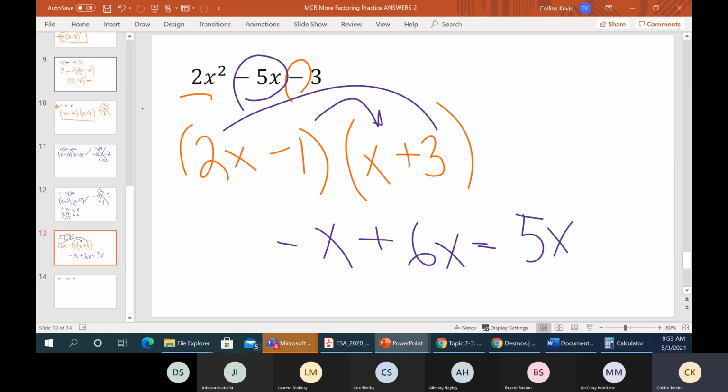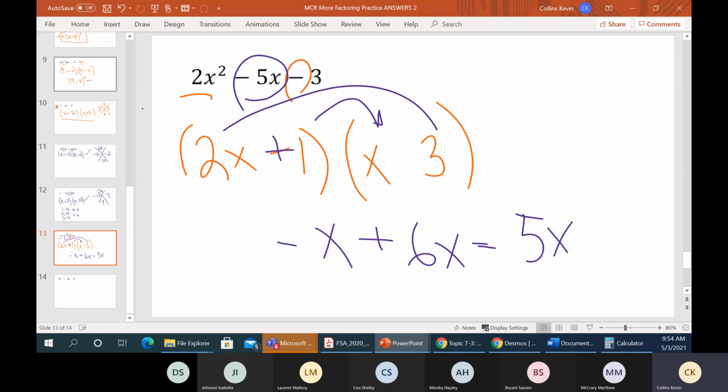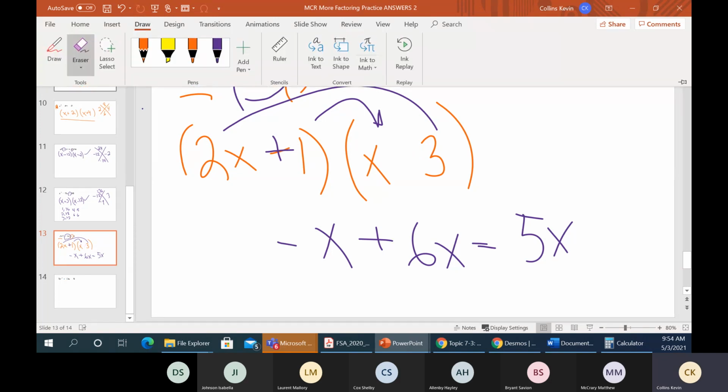So what do we need to do? Like I said, these are easy fixes. Yeah, so we just switch the signs, right? So make him plus, we'll make him minus. Let me erase that one, actually. So we'll make him minus.